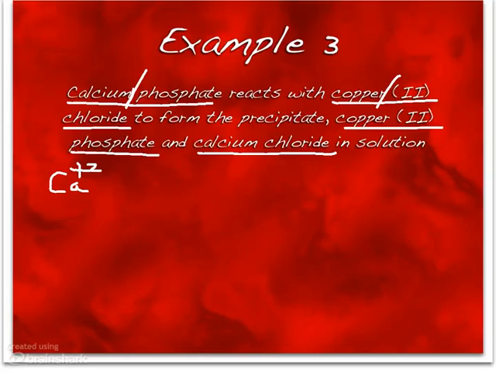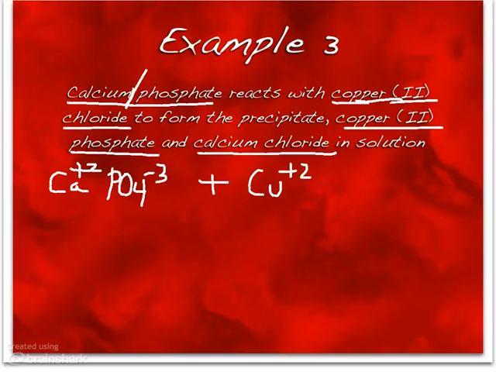Phosphate is one of those polyatomic ions that you need to memorize, which is PO4 negative 3, plus copper 2 chloride, where copper 2 is just regular Cu. Because it has a Roman numeral, that means it has a plus 2 charge. And then chloride is just regular chlorine, which is Cl. It's in group 17, which means it gains 1 electron, so it's a negative 1. That takes care of the first half.